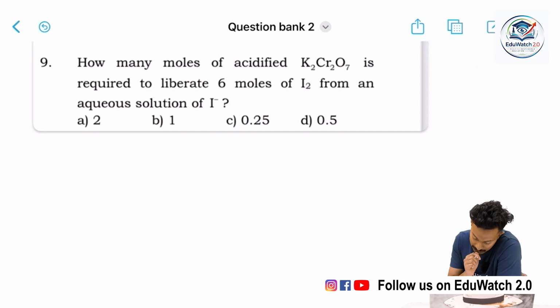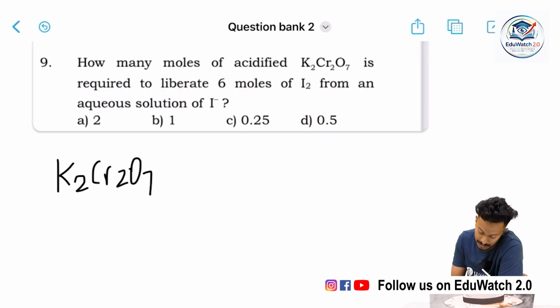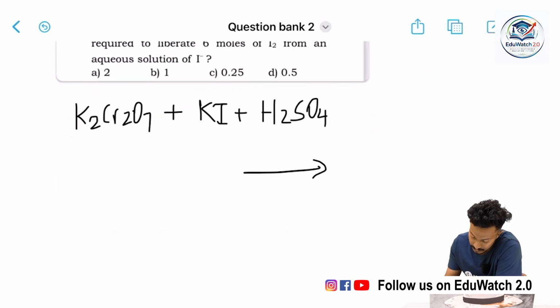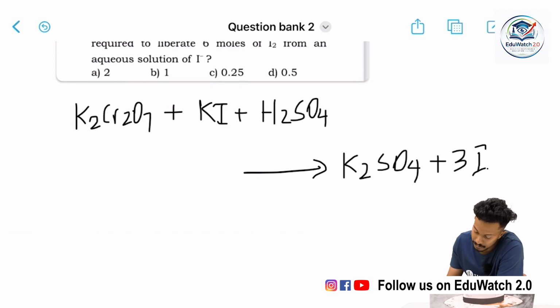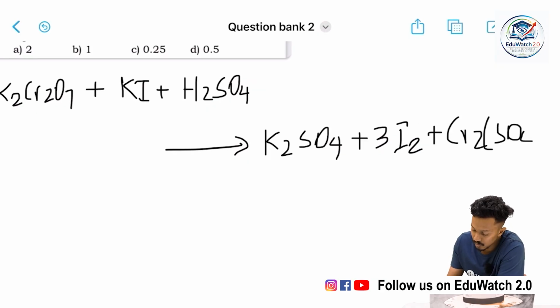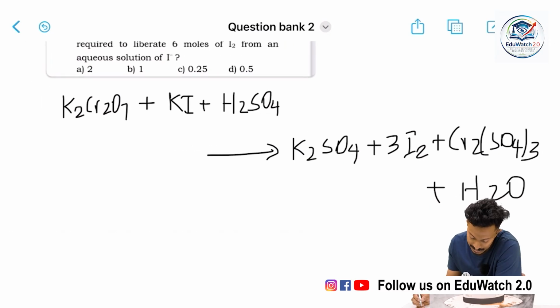Here potassium dichromate, K2Cr2O7, is treated with potassium iodide, KI, in an acidified solution, H2SO4, which gives K2SO4 plus 3I2 plus Cr2(SO4)3 plus H2O. Okay, let me just balance this equation.